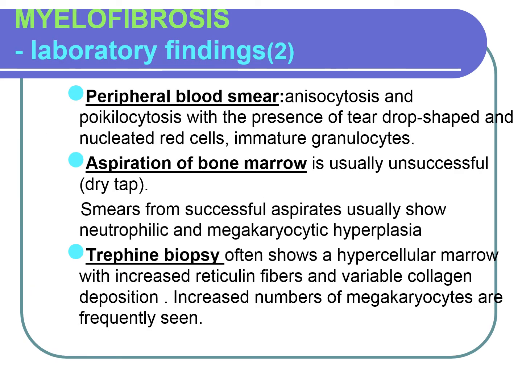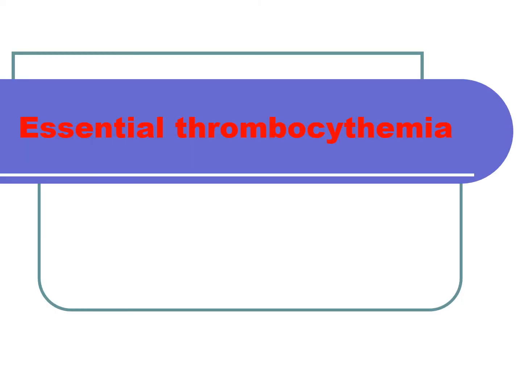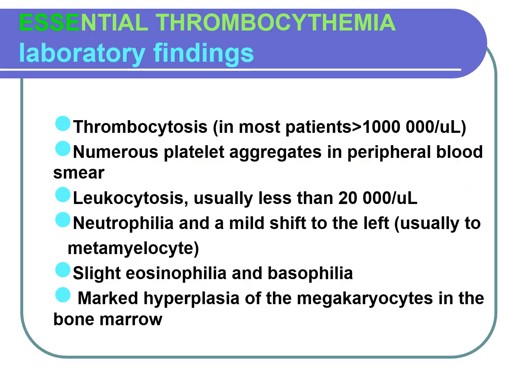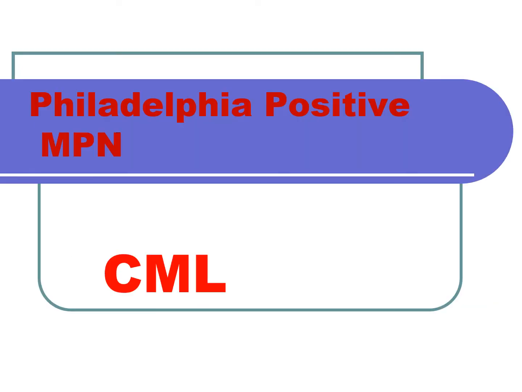We have to apply all of these WHO criteria for myelofibrosis, for essential thrombocythemia, and for CML. But we have to stop here for CML because CML is a very critical case that you can find anywhere.